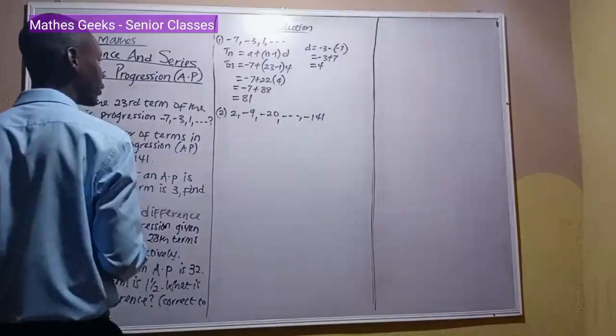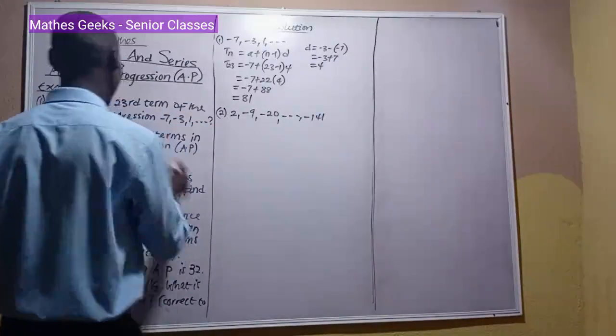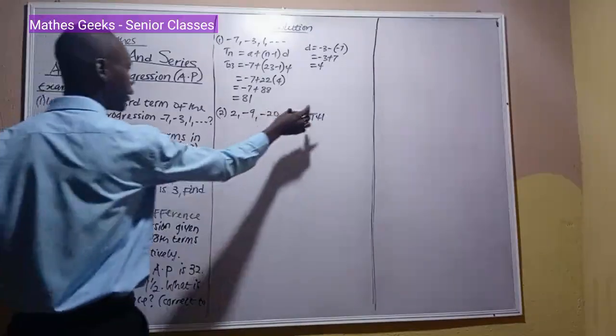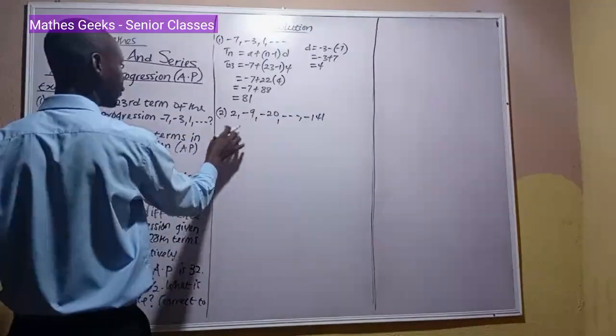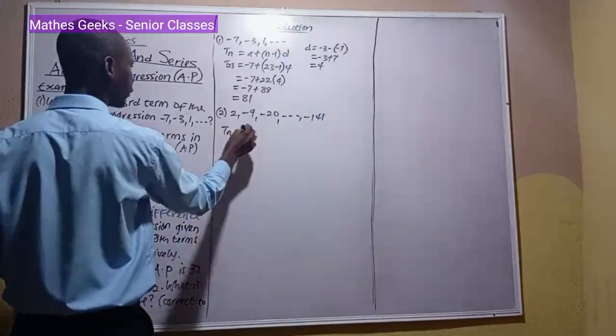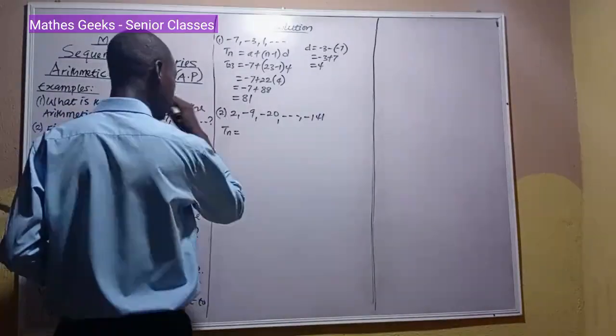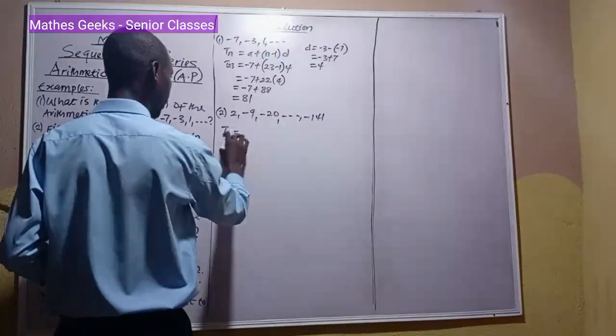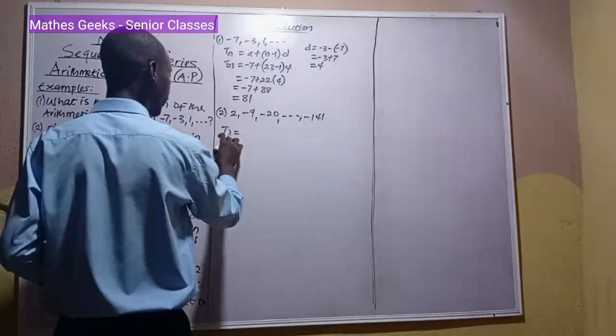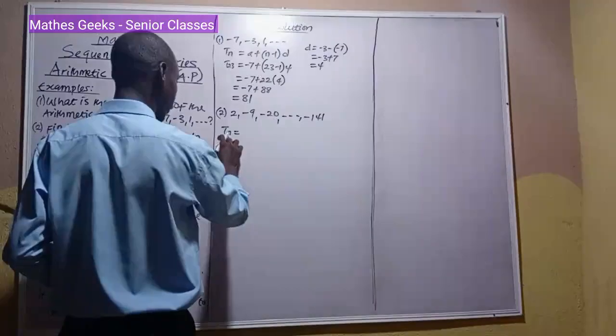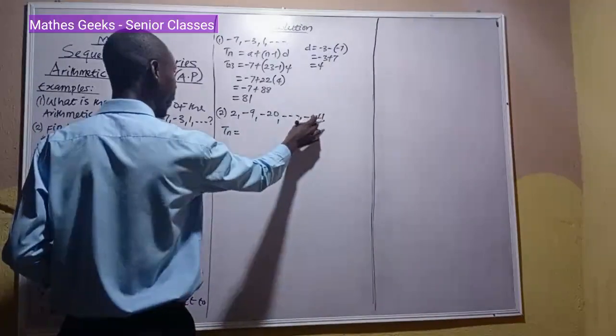So we have to look for the number of terms. So since this is the last term, Tn will give us the last term, Tn, which is what we are looking for, the number of terms.